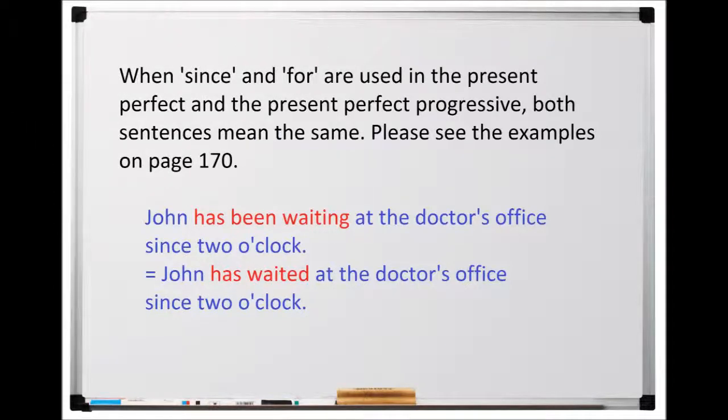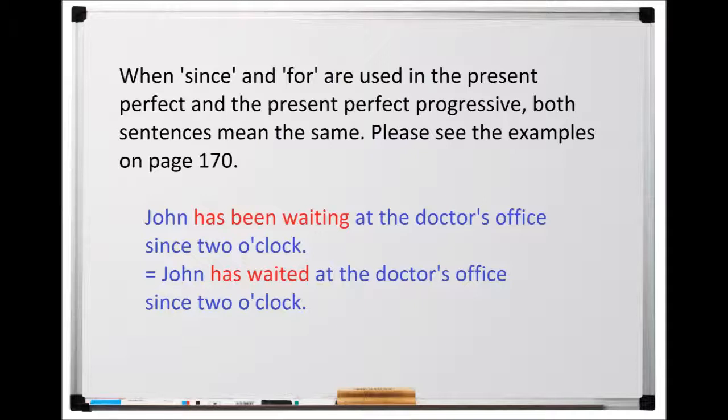Please turn to page 166. When since and for are used in the present perfect and present perfect progressive, both sentences mean the same. Please see examples on page 170. John has been waiting at the doctor's office since 2 o'clock.